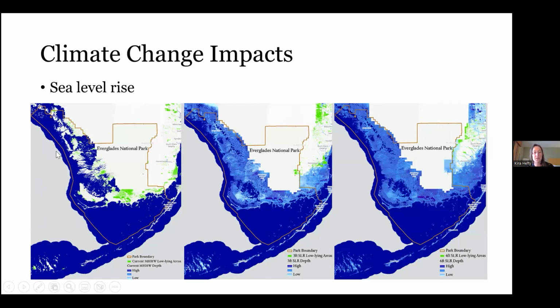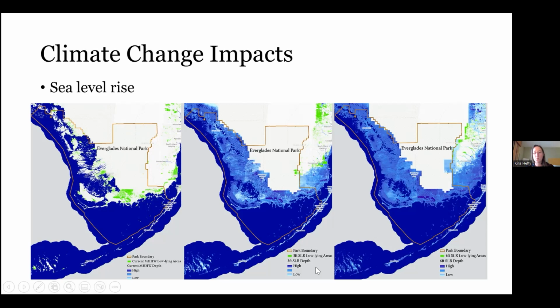And so one of the other impacts in the Everglades that continues to be a persistent threat is sea level rise. And so this image on the left here is current sea level at high tide. And so the Everglades does include ocean habitat.